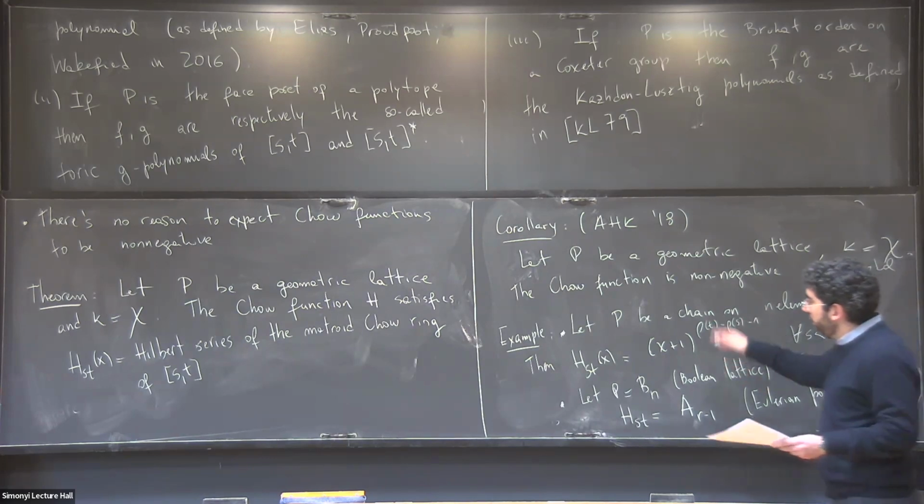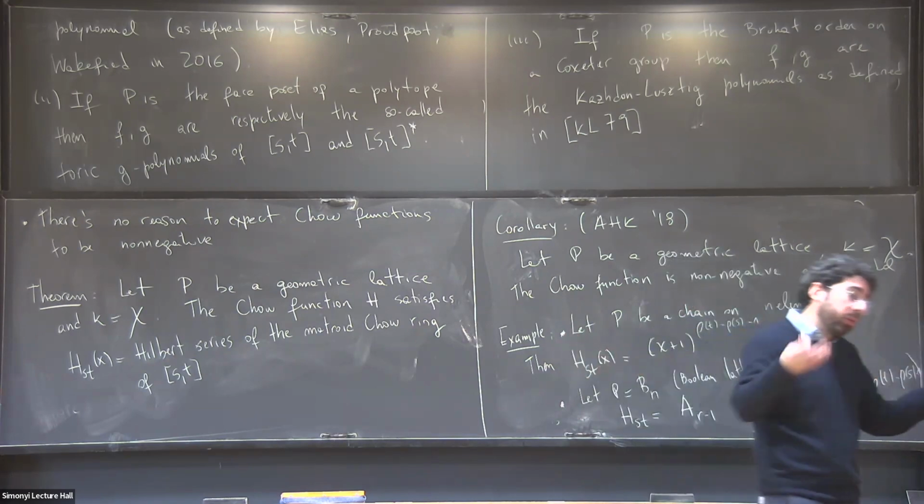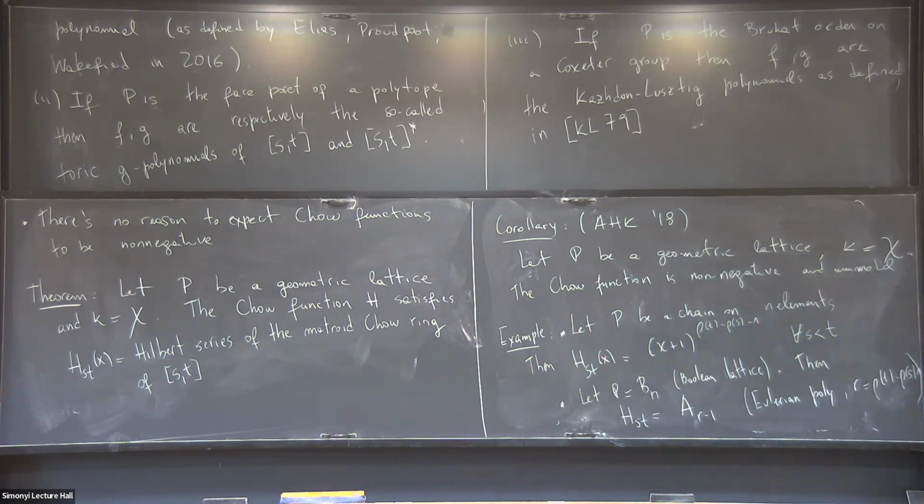So in these two cases, it's not difficult to prove that these are unimodal, but for general posets, it's a priori not clear. For the second one, if I just use the definition of the Eulerian polynomial, which counts permutations according to descents or exceedances, it's not obvious. But you can prove gamma positivity very elementarily.